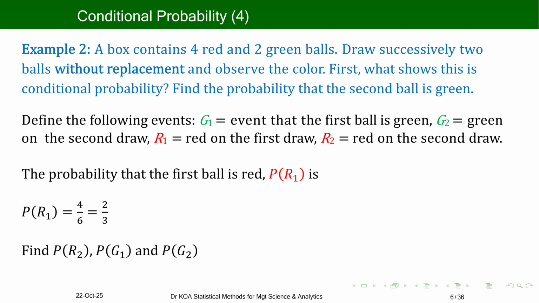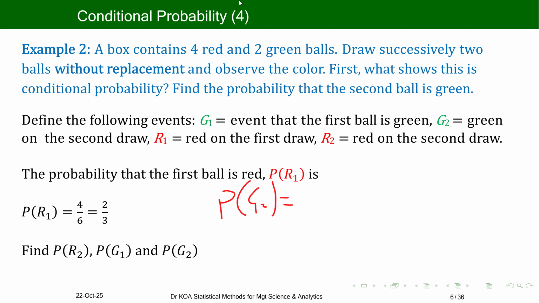So it can be the probability of G2 equals the probability of G1, G2, or the probability of R1, G2. You said R1, G2 twice, sorry. He's right, isn't he? Yes, Doc.